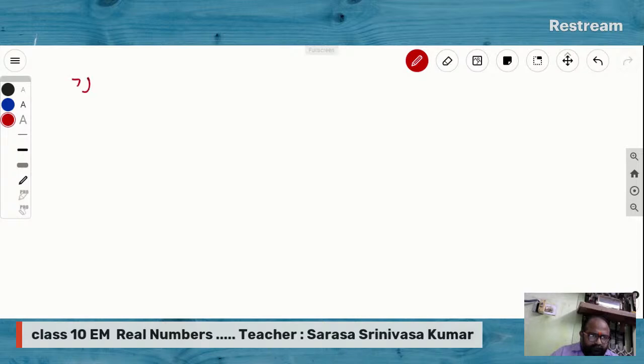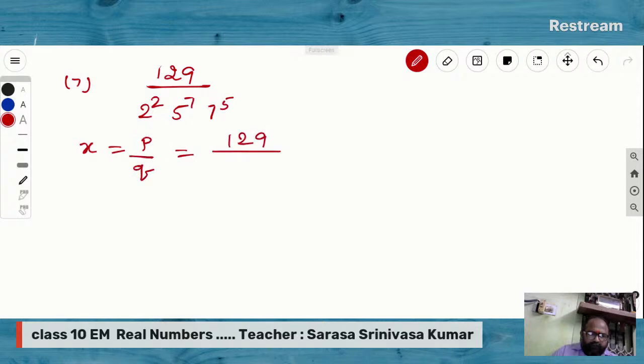Now, seventh problem. 129 by 2 square 5 power 7 7 power 5. x equal to p by q, equal to 129 by 2 square 5 power 7 7 power 5.